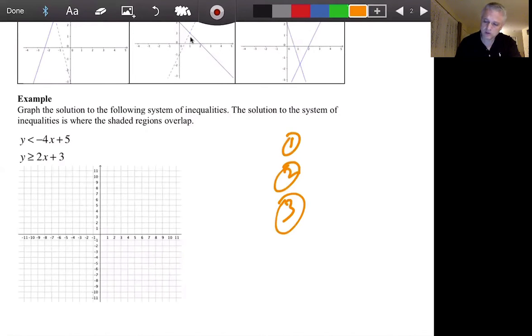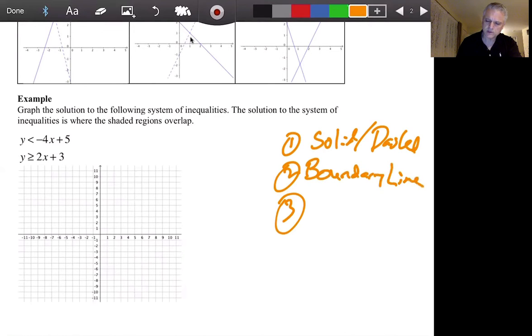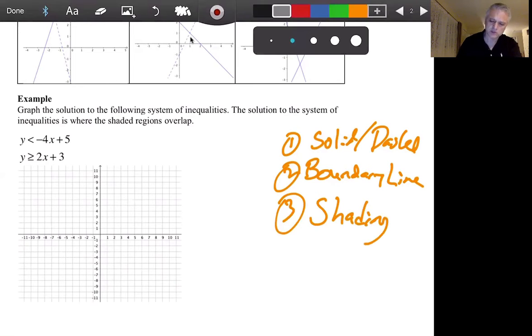We need to know, is it going to be a solid or dashed line? Second thing is I want to actually graph that boundary line. And the third thing is, am I shading above or below? Okay, so let's use gray on this top guy here.